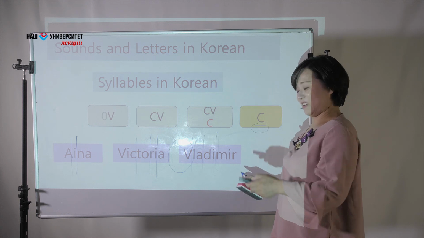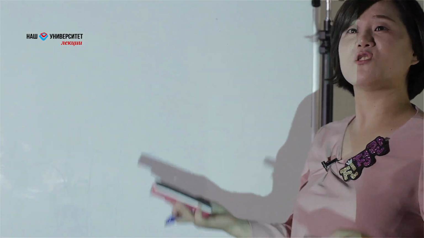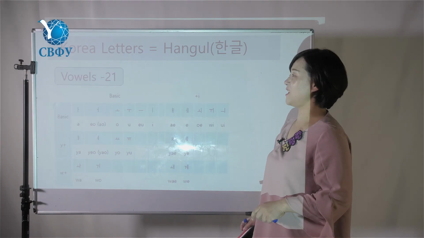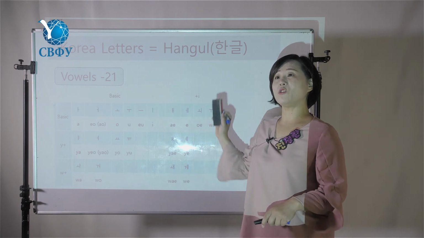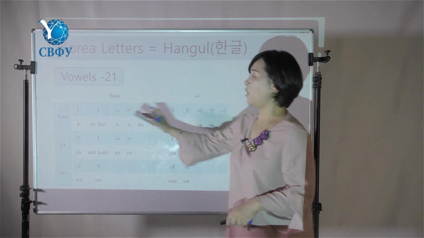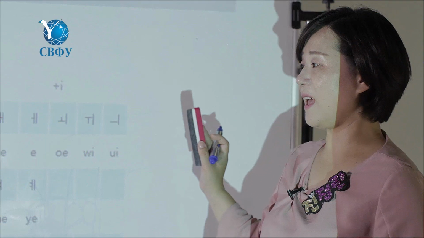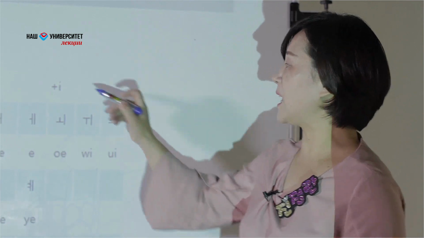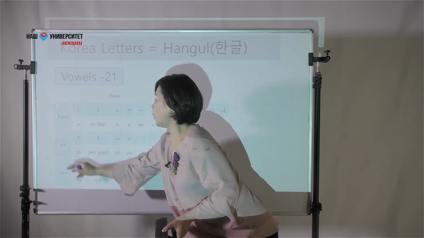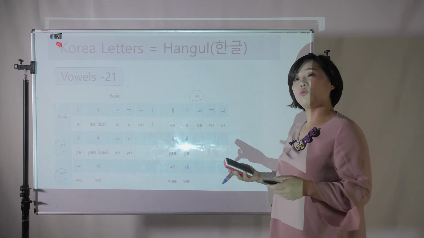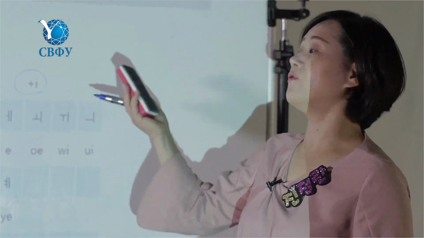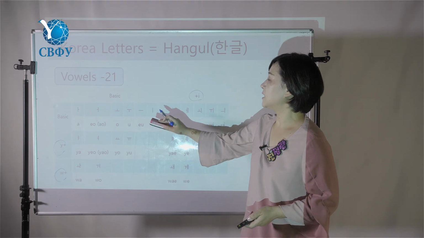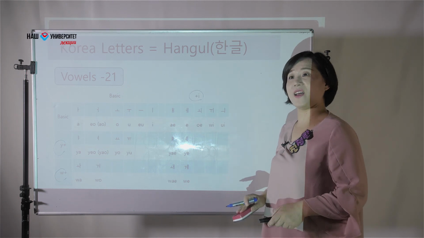Vladimir. If you want to write your name in Korean, you need to learn about the letters in Korean. There are 21 vowels in Korean. From the basic vowels, we add some kinds of sounds like E or W sounds, and we can expand the vowels from 6 to 21.